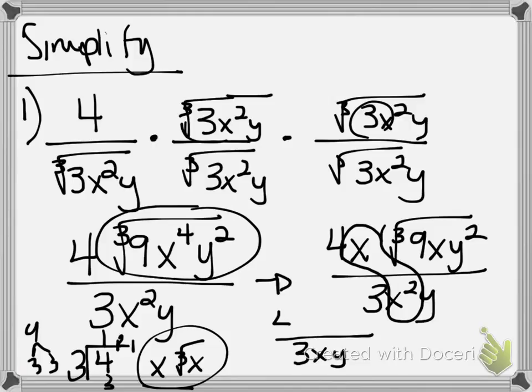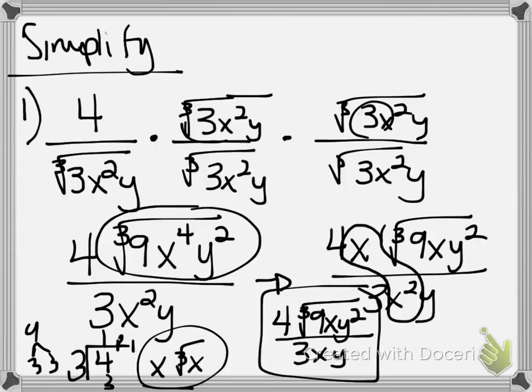And then in my numerator, I'm just left with 4 cube root of 9xy squared. So that gives me my final answer, because the x in the numerator was joined with the denominator. So that is fully simplified. So it's very similar to one that you saw yesterday. There really isn't too much of a difference with it.